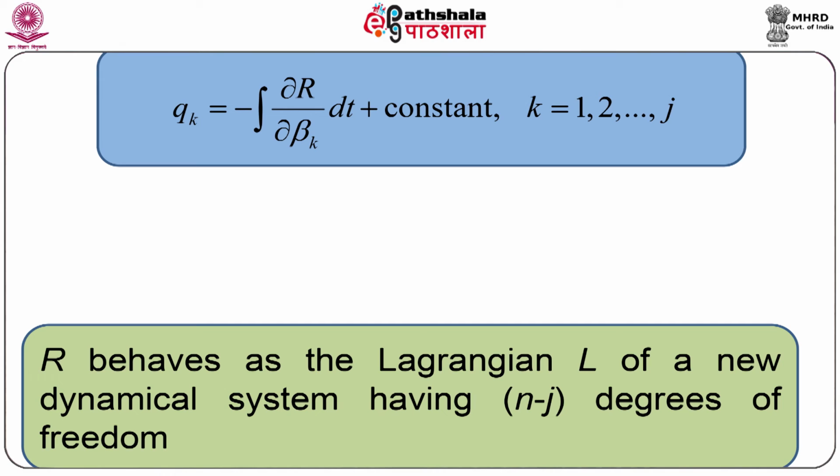Thus, capital R behaves as the Lagrangian capital L of a new dynamical system which has n minus j degrees of freedom. That is, the degrees of freedom has been reduced here.